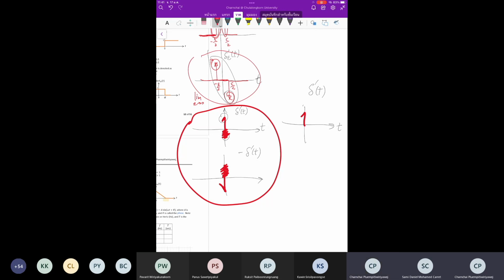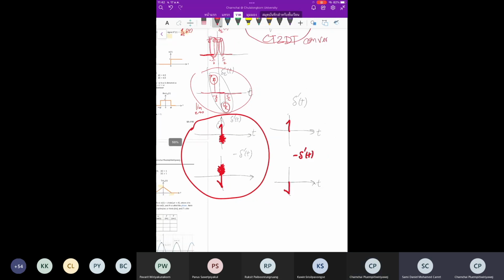And negative delta prime t looks like this. I erase this one. That's my notation. If you take a look in any books, nobody has ever used it yet. Only in this course are these notations used.